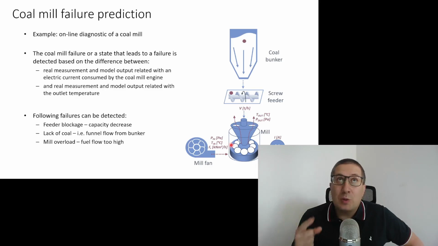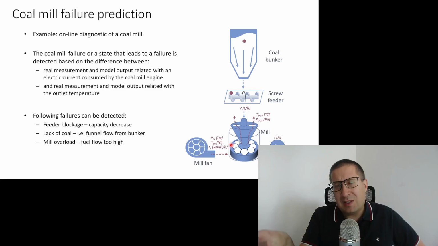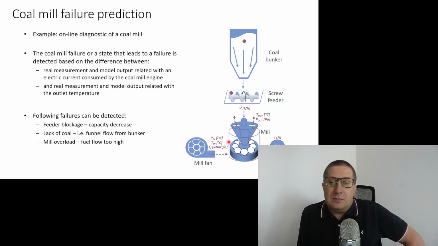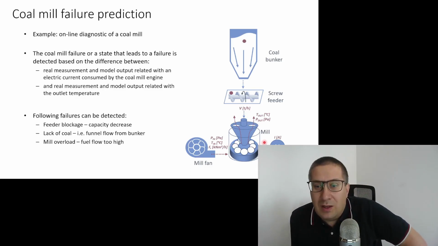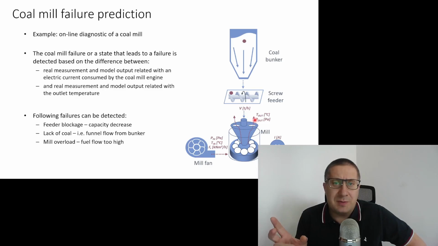The question is which parameter to choose. Which parameter can be a good trap for such failure? So, in other words, if there is a failure, which parameter shows us this failure? We identify two such parameters: the current consumed by the coal mill engine and the outlet temperature of this coal air mixture.